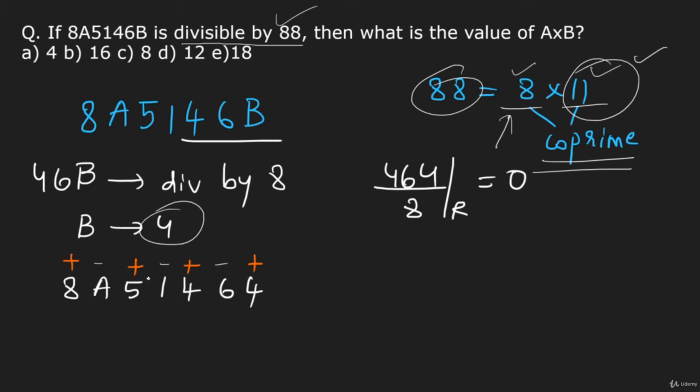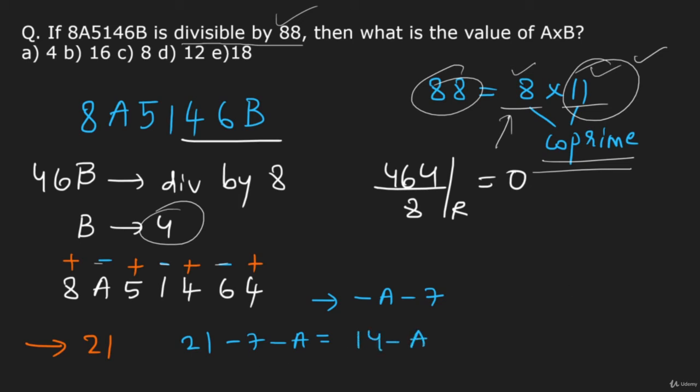If I add all the positives, that's 8 plus 5 plus 4 plus 4, that's 21, right? If I add all the negatives, that's minus A minus 1 minus 6, or it can be written as minus A minus 7. Now when I add these two, that's 21 minus 7 minus A, which simplifies to 14 minus A.